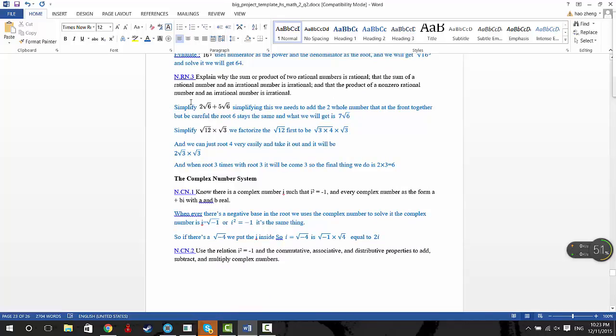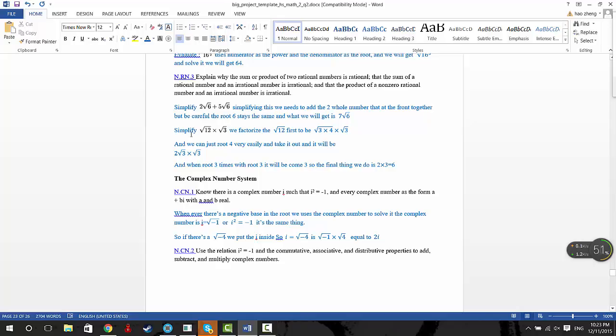We need to add the 2 whole numbers at the front, which are 2 and 5 together, but be careful, the root 6 stays the same because it's the same thing, we don't want to add it together. And what we get is 7 square root 6.